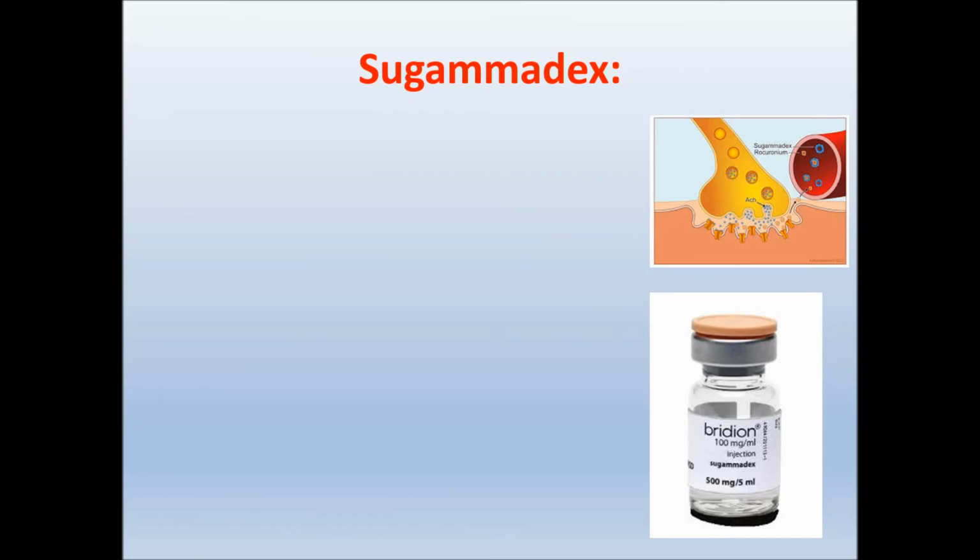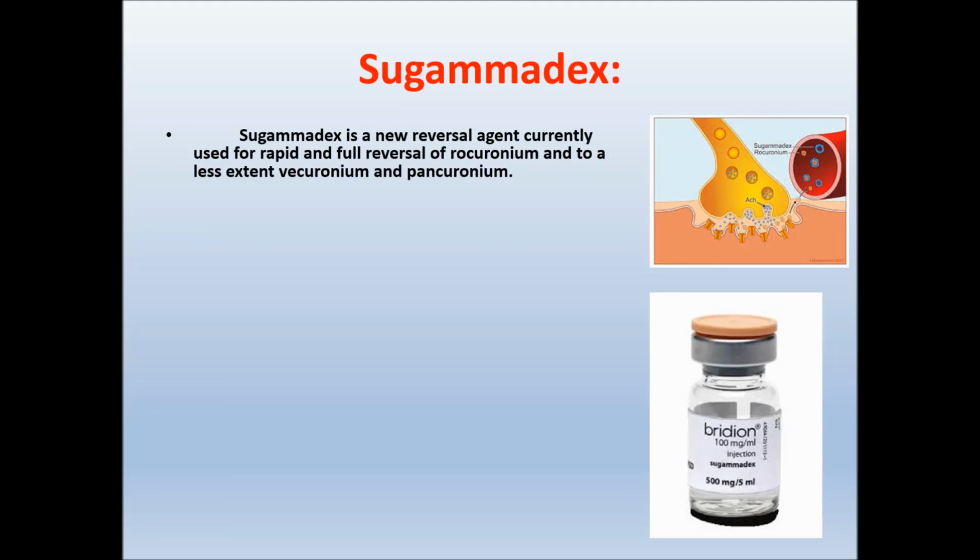The other choice is Sugammadex. Sugammadex is a new reversal agent used for rapid and full reversal of rocuronium and to a lesser extent vecuronium and pancuronium only.